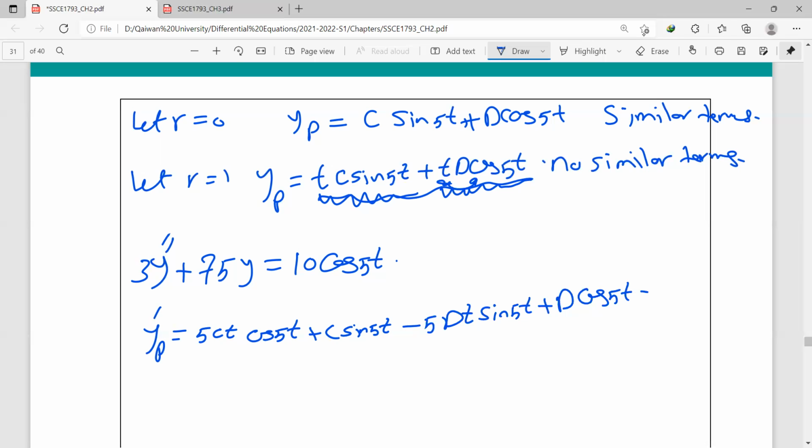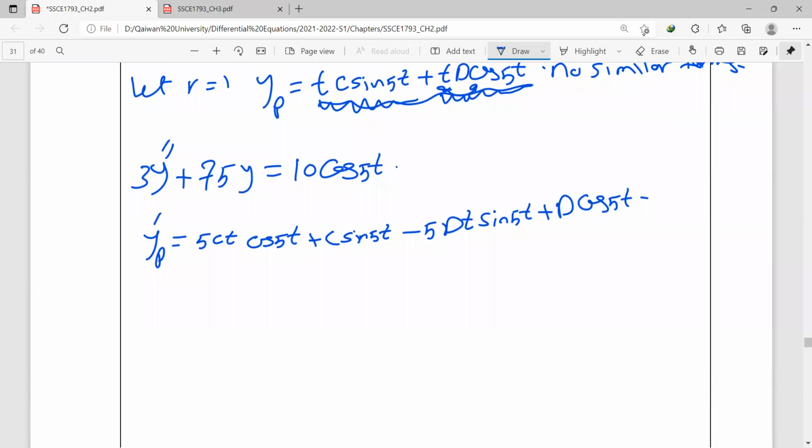And then we find the second derivative. y double prime of p equals first times derivative of the second, then second times derivative of the first. This is only one function, we find it directly. And here we have multiplication of two functions, minus 5d times t, and also sine 5t. And this is only one function, we find its derivative directly.